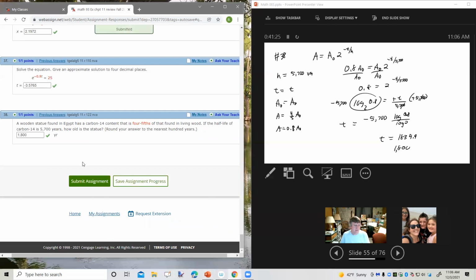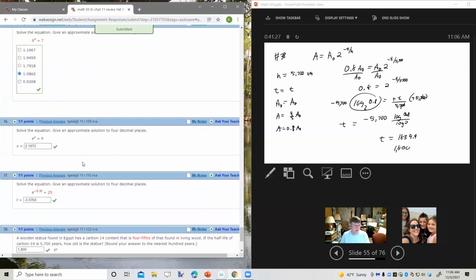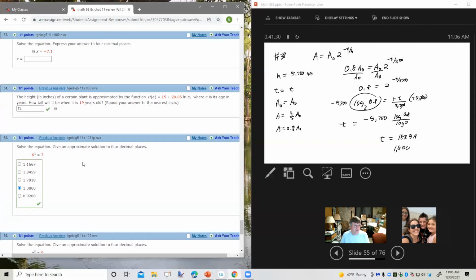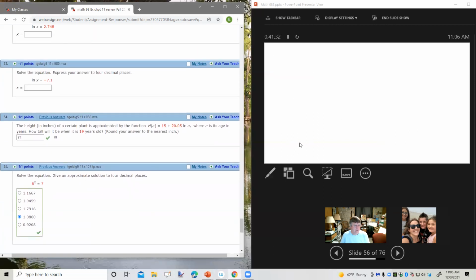Okay, I've still got about 15 minutes, so let's go backwards and do some more problems. How about this one? Number 33. Solve the equation. The natural log of x equals negative 7.1. Well, that's log base e of x, because remember, natural log is log base e. So this would be e to the negative 7.1 equals x.